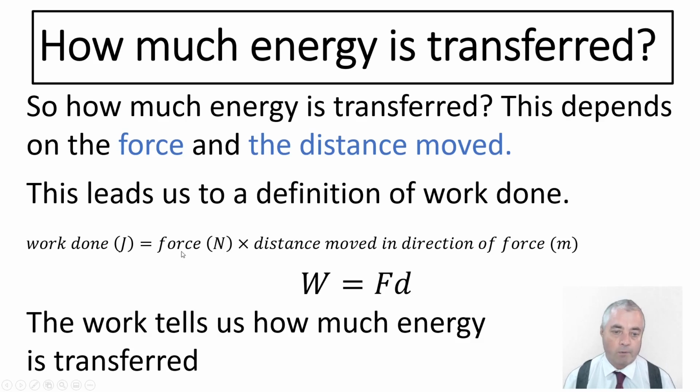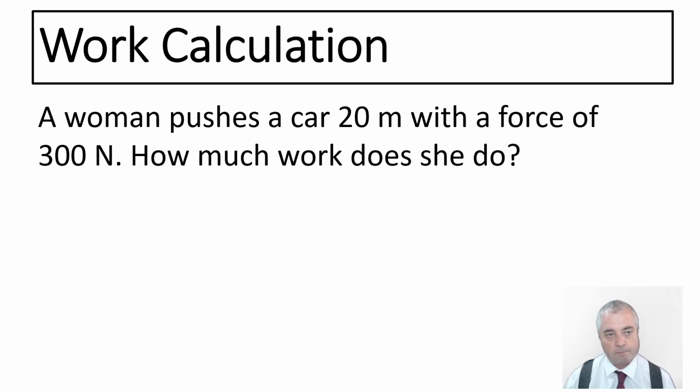So work done is force times distance moved, and if we're writing that as letters, we're saying work is force times distance. So that's quite a lot to cover, isn't it? We've got this thing called work. Work happens when a force moves through a distance, and the work is the amount of energy that's transferred from one form to another, and we can calculate that by doing force times distance.